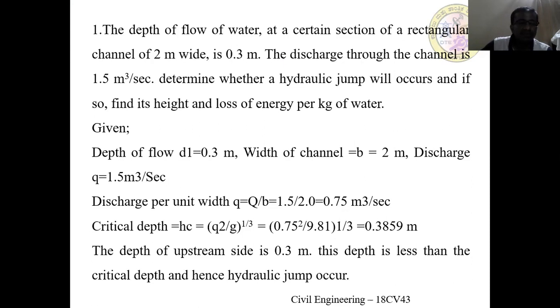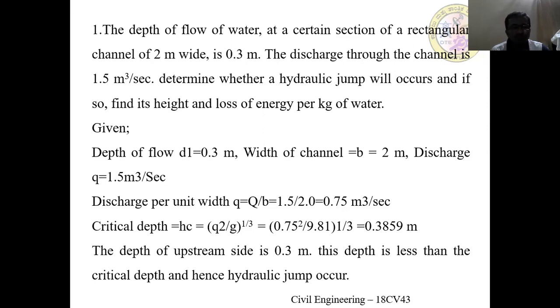So first, go through the data given. As per the data, the depth of flow before the jump, D1 or Y1, is 0.3 meter. The width of the channel, B, is 2 meter. The discharge is given as 1.5 meter cube per second, usually denoted by capital Q. But we find the discharge per unit width.